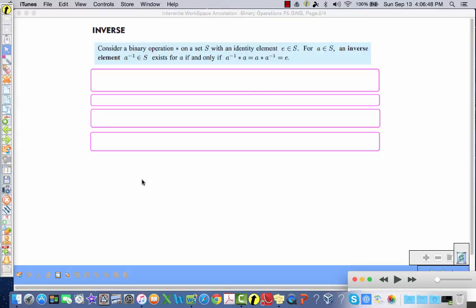So, for the inverse, let us consider a binary operation star on a set S, so we're familiar with that, with an identity element E, which is an element of the set S. Remember, we talked about identity element before.